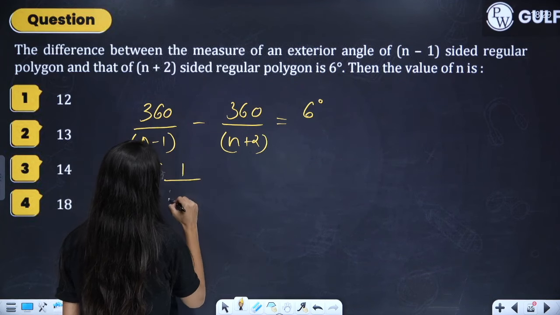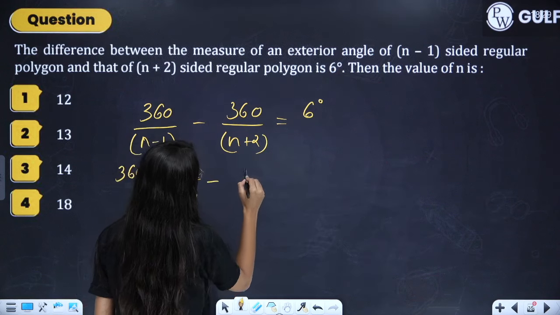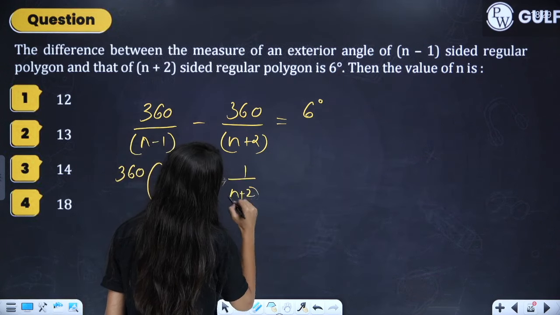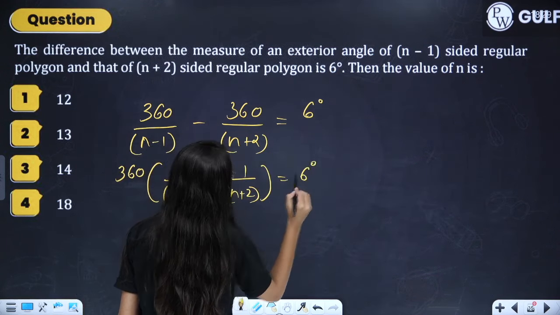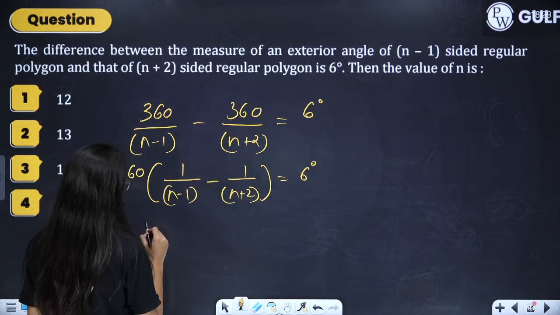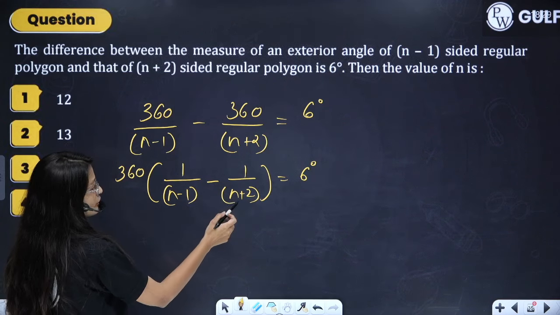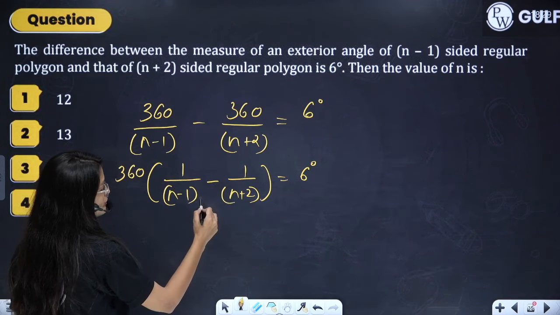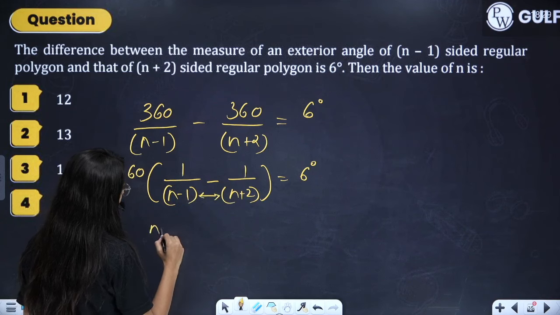360 upon n minus 2. Transpose it over there. Definitely I will be doing the cross multiplication and finding down the LCM as well.